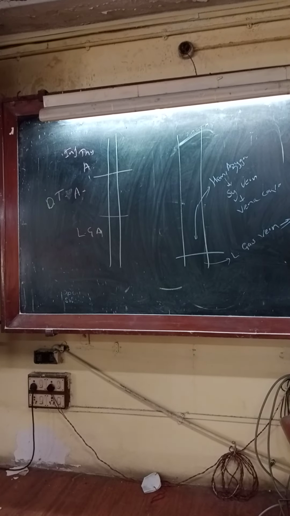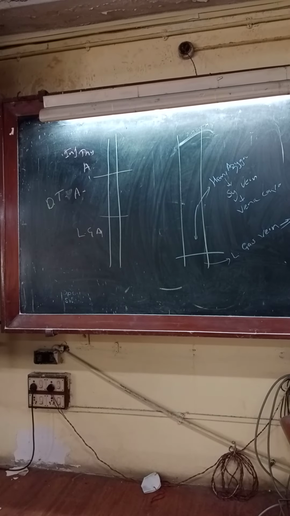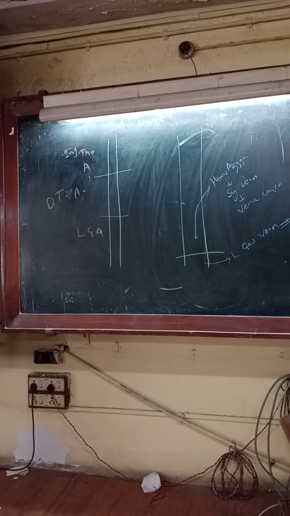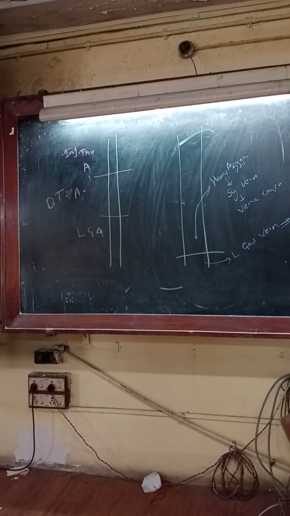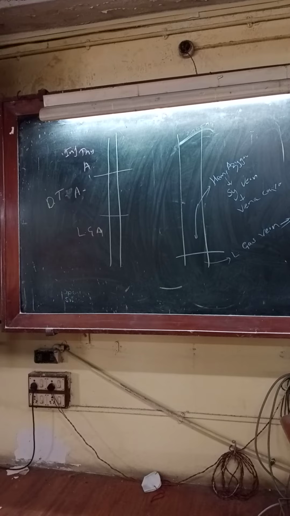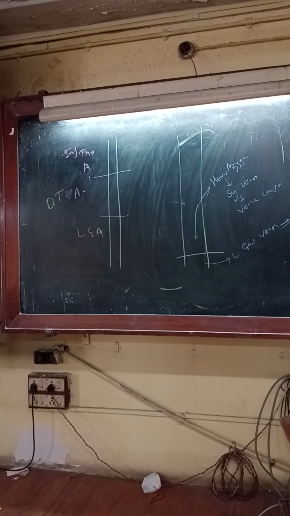So the venous drainage has this very important aspect: this part of the esophagus is the site of portocaval anastomosis. That means the upper part of the esophagus drains into the superior vena cava, and the lower part drains into the portal vein via the left gastric vein.